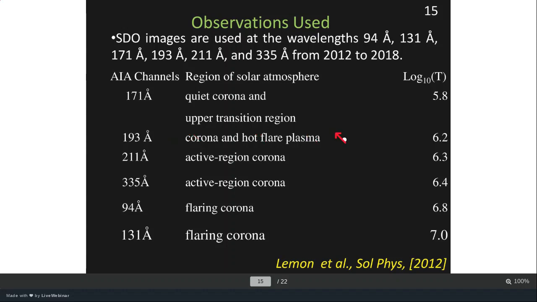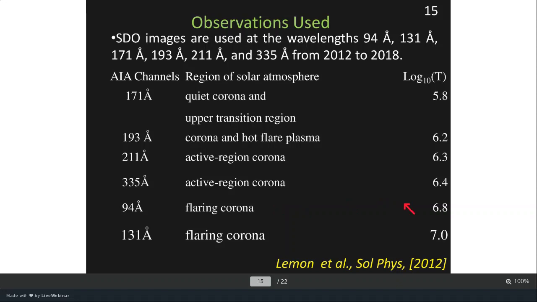Its corresponding temperature is about 10 to the power 6.2 Kelvin. 211 angstrom observations belong to the active region corona, and its corresponding temperature is about 10 to the power 6.3 Kelvin. 335 angstrom observations again belong to the active region corona, and its corresponding temperature is about 10 to the power 6.4 Kelvin. 94 angstrom observations belong to the flaring corona, and its corresponding temperature is about 10 to the power 6.8 Kelvin.